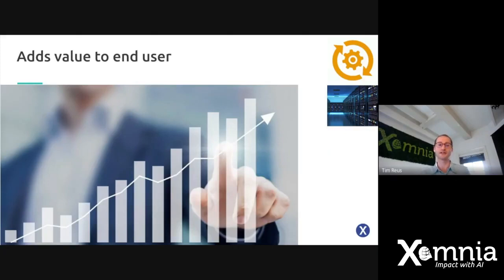Now, the third thing that I would like to mention is adding value for the use case, for the end user. I've been discussing this quite a few times, and we'll come to an example where this was not done properly, but the end user needs to have the idea that this is going to help them out, especially if people are not familiar with working with artificial intelligence or data-driven solutions.